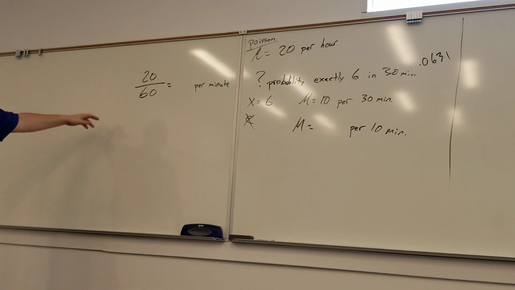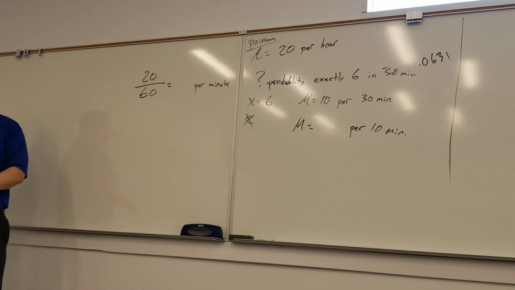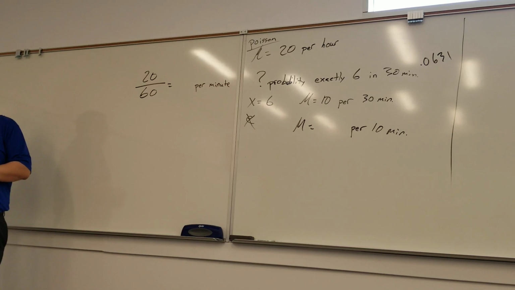Right, so if 20 customers come in an hour, if we divide that by 60 minutes, we can see how many customers come in per minute.